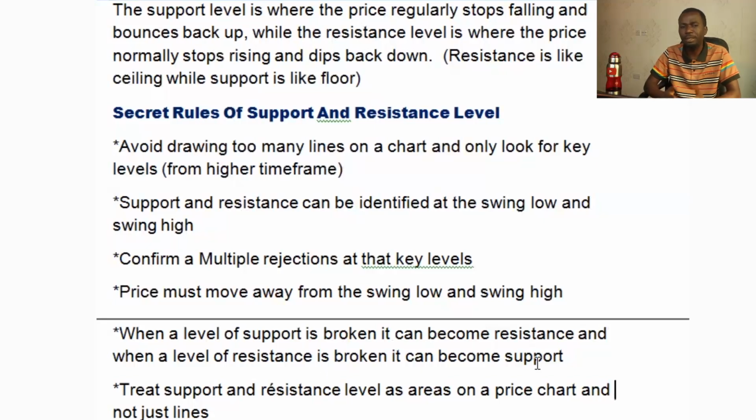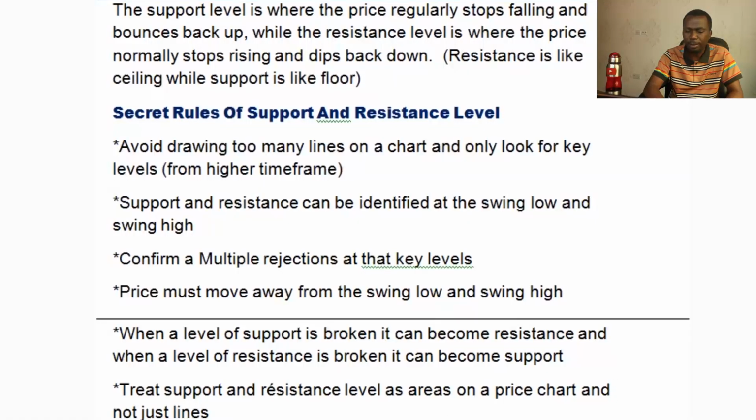So I told you that when price breaks above a resistance level, that resistance level automatically becomes a support level, and when price breaks below a support level, that support level will automatically become a resistance level, because price will definitely test those levels before the movement continues. So have that at the back of your mind.